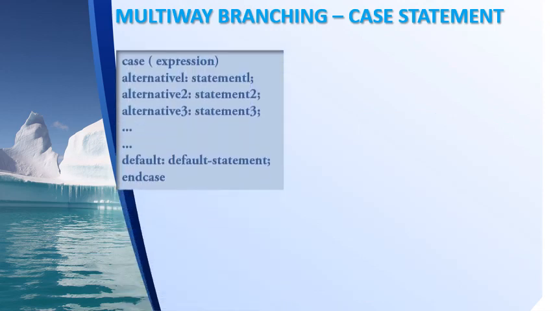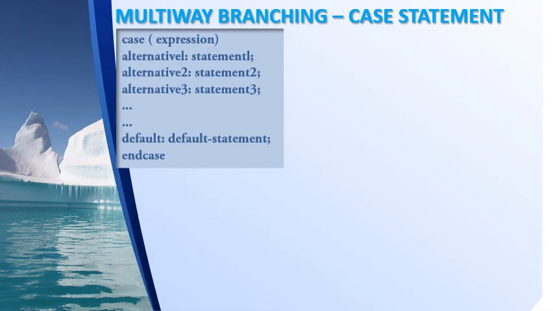Type 3 if statements can be replaced by a case statement. So it's a way to do multi-way branching. The syntax of the case statement is: we have case as the keyword. Following that is the expression inside the braces. Then you have alternative 1, alternative 2, alternative 3 and so on.